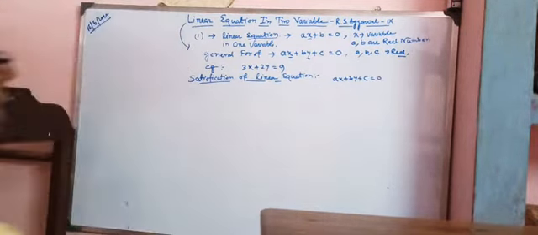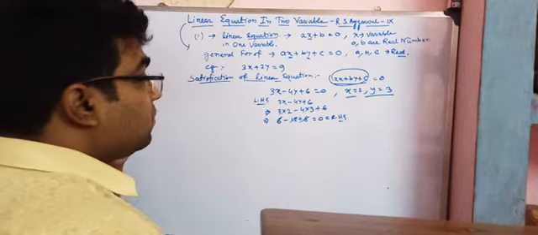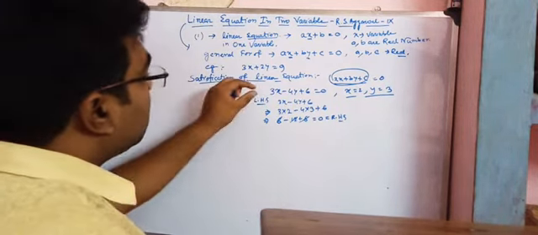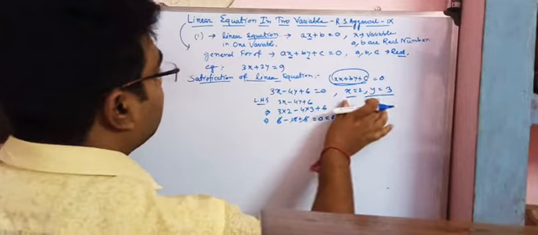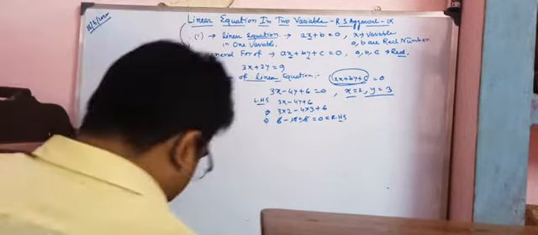We put 2 in place of x and 3 in place of y. So we are getting the result 0, which is also my RHS. After putting these values in the expression, the left hand side comes to 0. So we say that these values satisfy the equation. So this is the satisfaction of this linear equation of two variables.